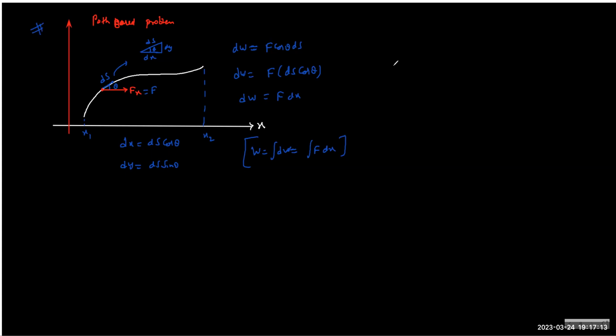So if I want to derive the formula which I wrote earlier, if you have a random path and the force is also acting in a random direction, these are the ways of thinking of derivation. Let's say this is the ds, this is theta. So you definitely write the work as F ds cos theta, right? Or F cos theta ds, isn't it?